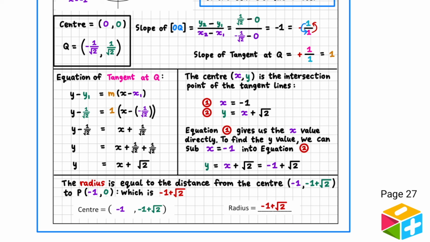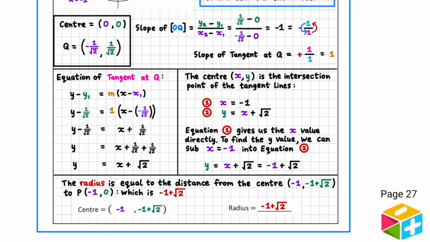We can solve these simultaneous equations to give us the coordinates of the centre. And as it turns out, these are a very easy pair of simultaneous equations to solve. That's because the first equation gives us the x value directly. It literally says that x is equal to minus 1. To find the y value, all we have to do is sub in x equals minus 1 into our second equation.